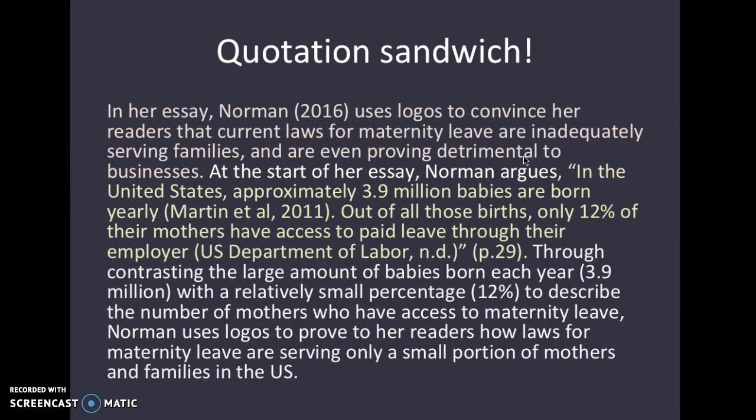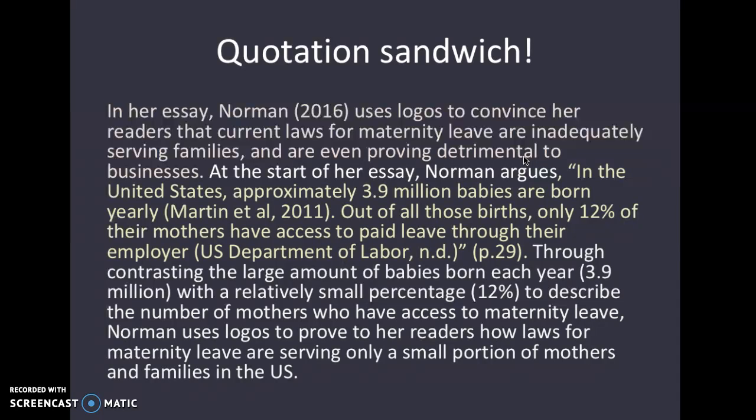So if we look at the whole quotation sandwich altogether, in her essay, Norman, 2016, uses logos to convince her readers that current laws for maternity leave are inadequately serving families and are even proving detrimental to businesses. At the start of her essay, Norman argues, in the United States, approximately 3.9 million babies are born yearly.